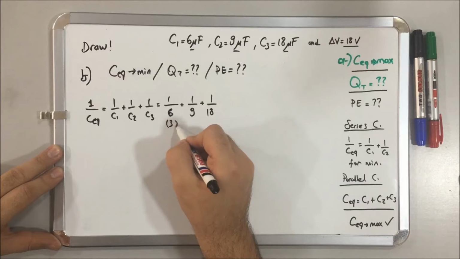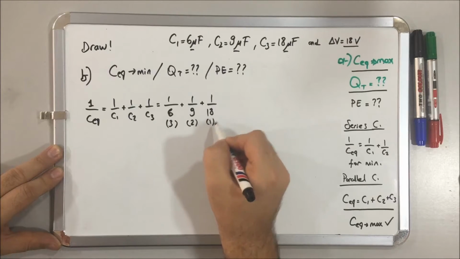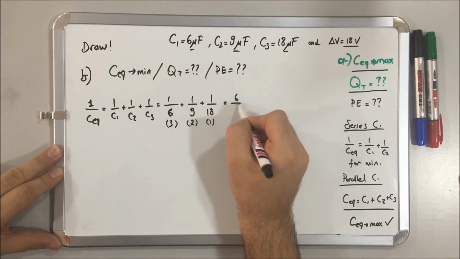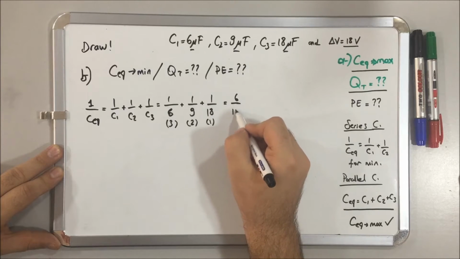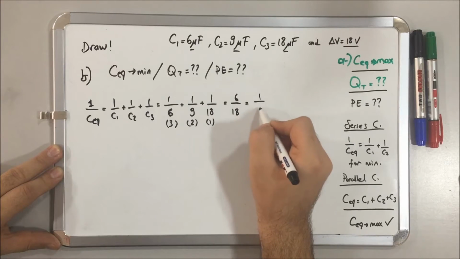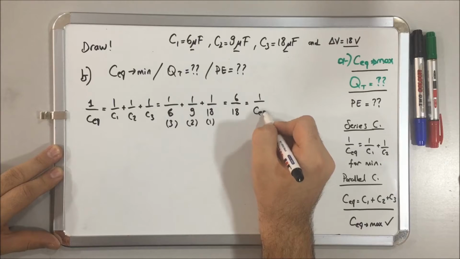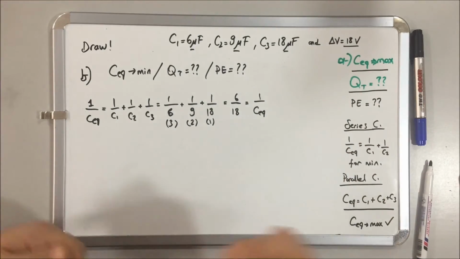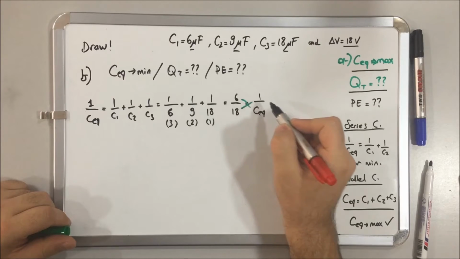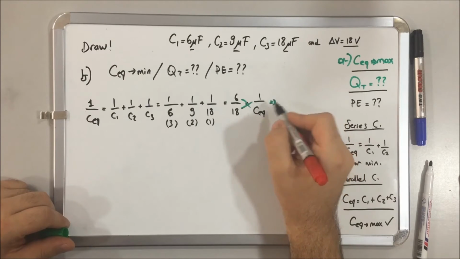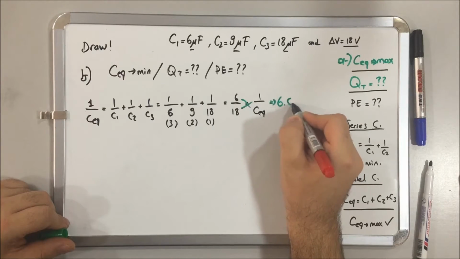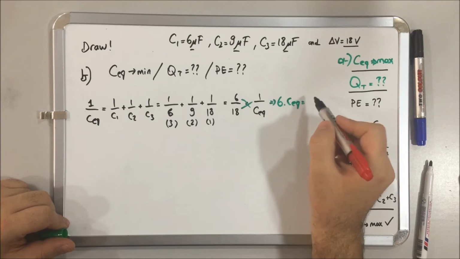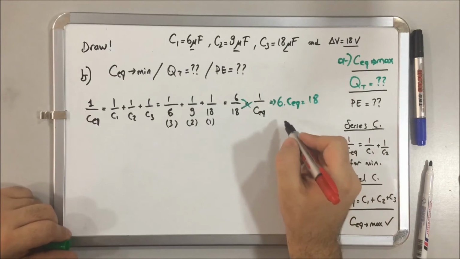I will expand this with 3, with 2, and with 1. So it will be 6 over 18, and it equals 1 over C equivalent. From here, if we use cross multiplication, 6 times C equivalent is equal to 18.